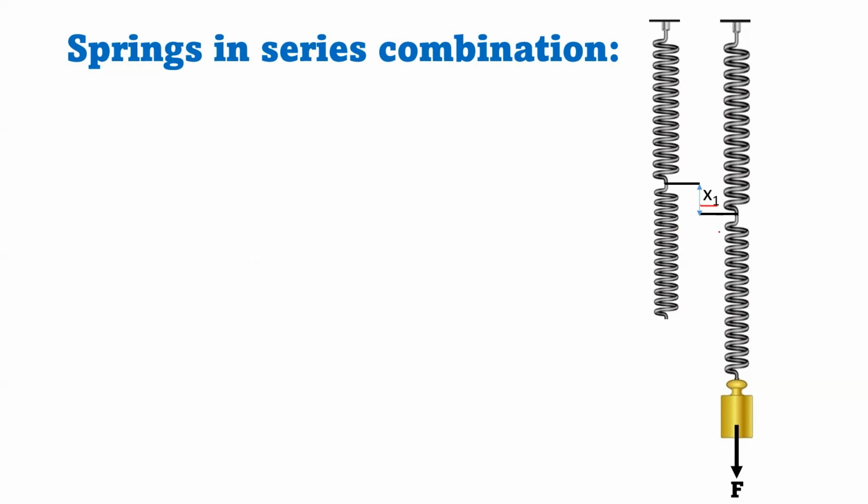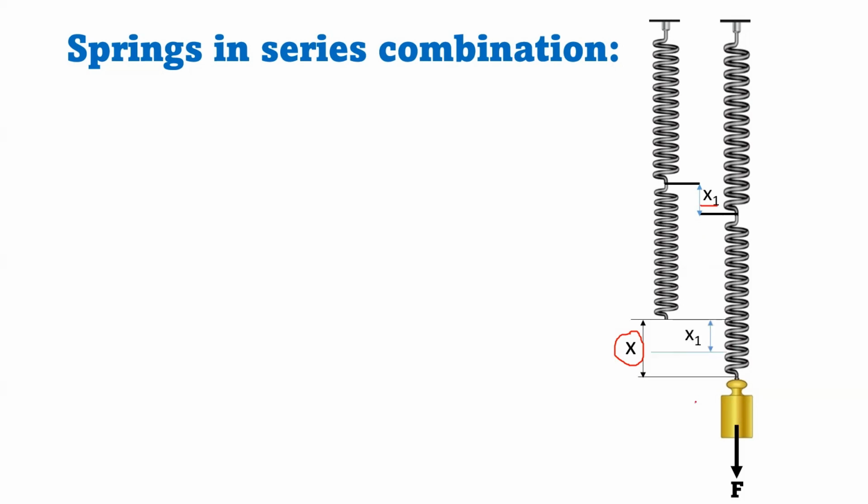Now coming to the elongation of the second spring. If you take the situation here, this x value shows the elongation of the total spring system in which two springs are connected in series. So this x contains the elongation of spring 1, that is x1, and also the elongation of spring 2, that is x2.